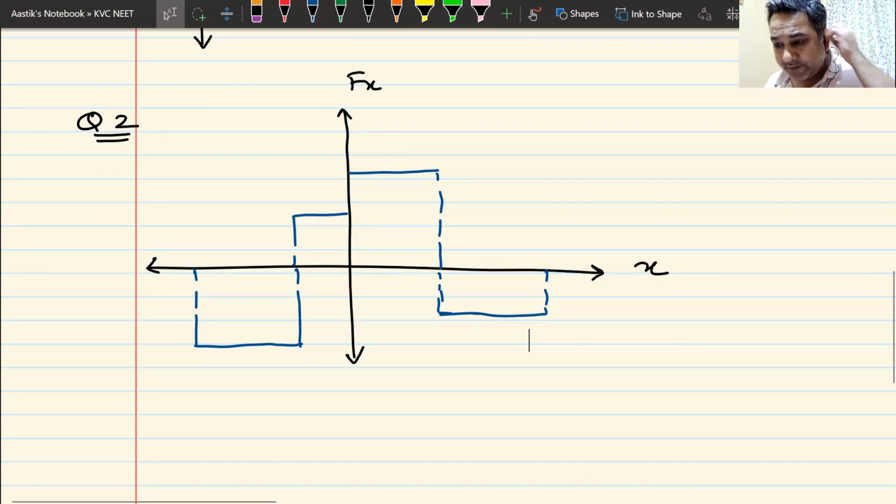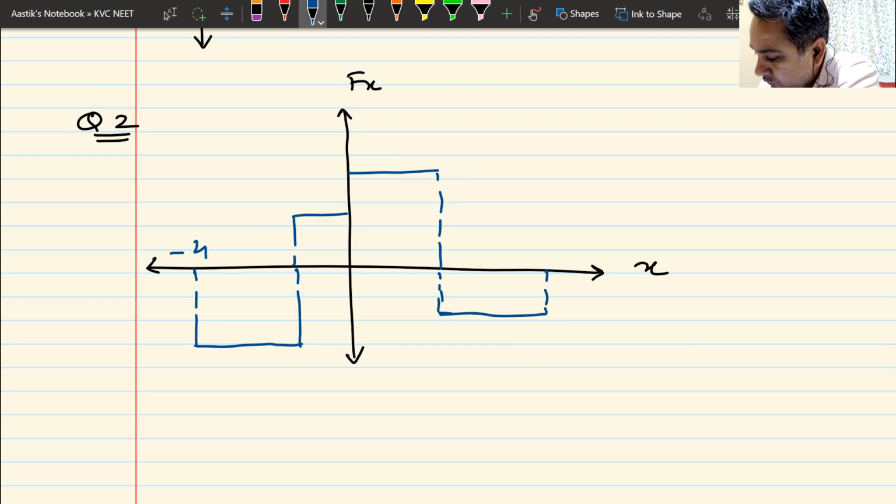So here I have the next question for you. Minus 4, minus 1. This is plus 1. This is plus 2. This is minus 2. Everything is in SI units.